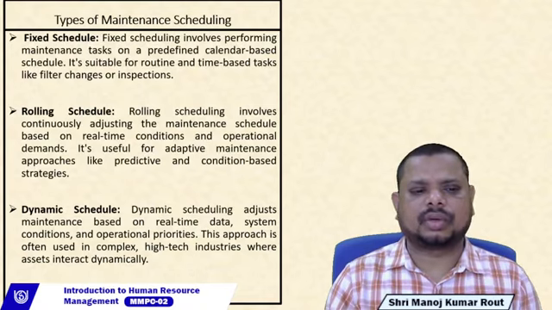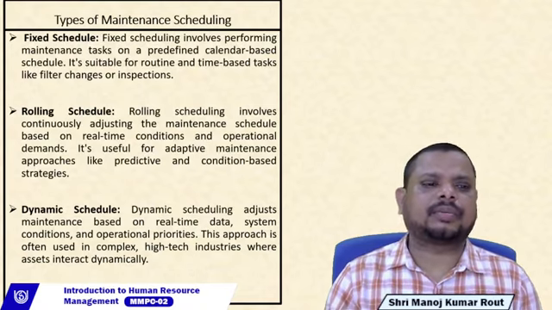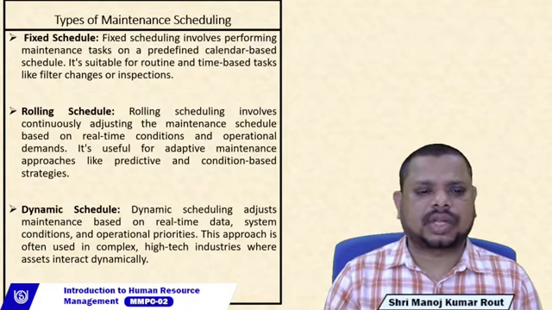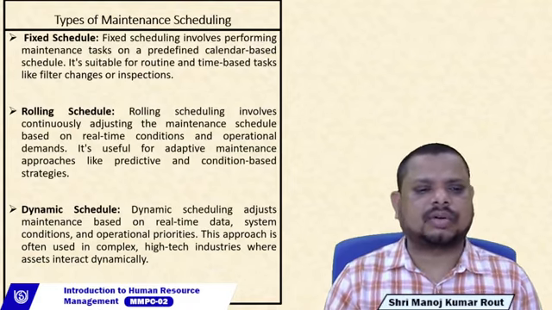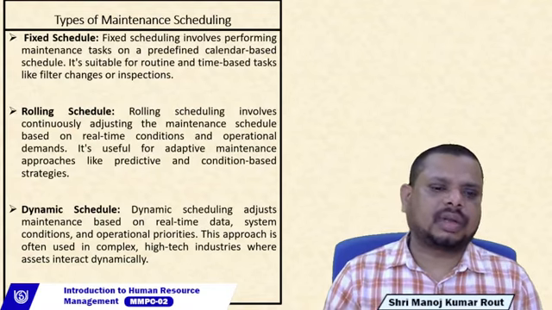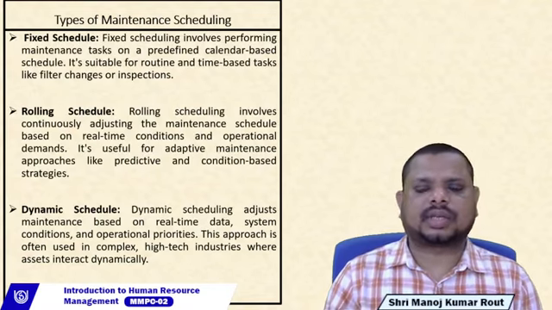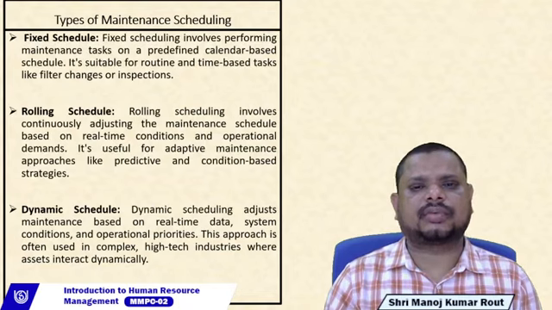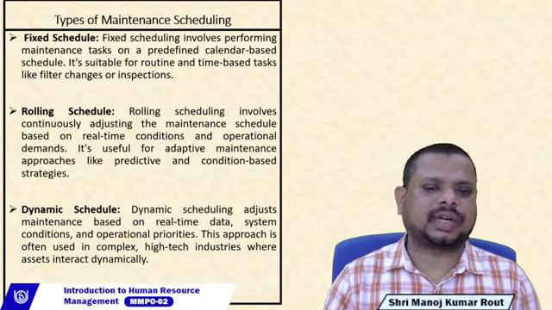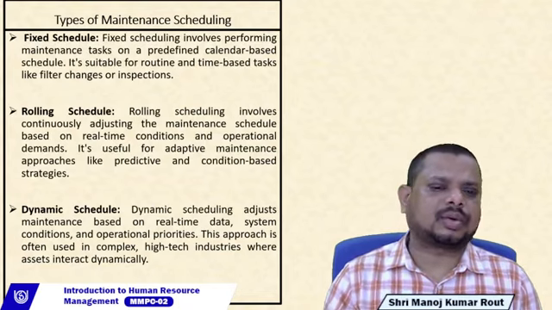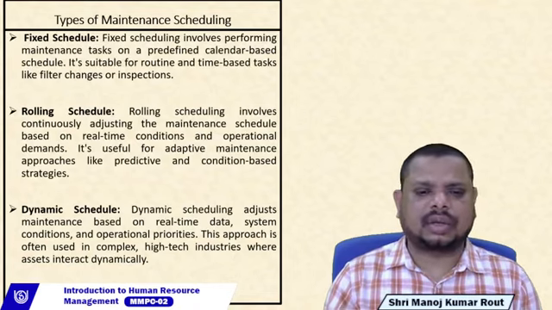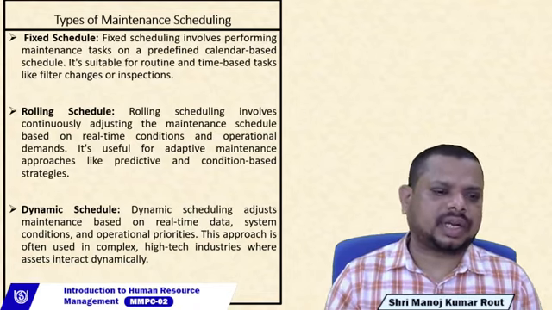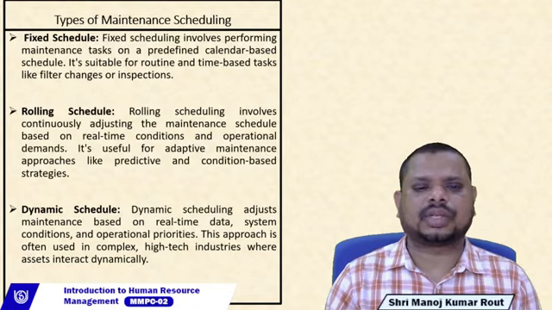It is useful for adaptive maintenance approaches like predictive and condition-based strategies. In predictive, you are given a certain time interval. But in condition-based strategies, it depends upon the condition of the machine, for example higher heat is generated, higher noise is created by the machines, or higher vibration is created. In those cases, you have to go for rolling schedules.